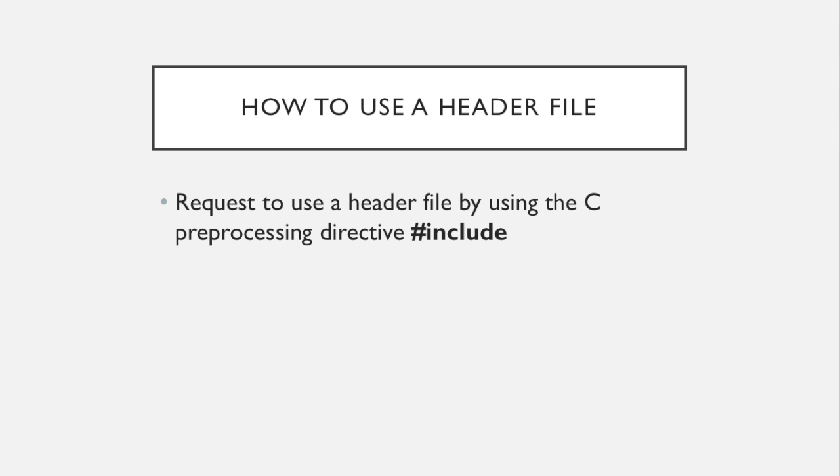So how to use a header file. You want to request the use of a header file by using the C preprocessing directive #include. For those familiar with C, it's like when you #include stdio.h at the top of your main program.